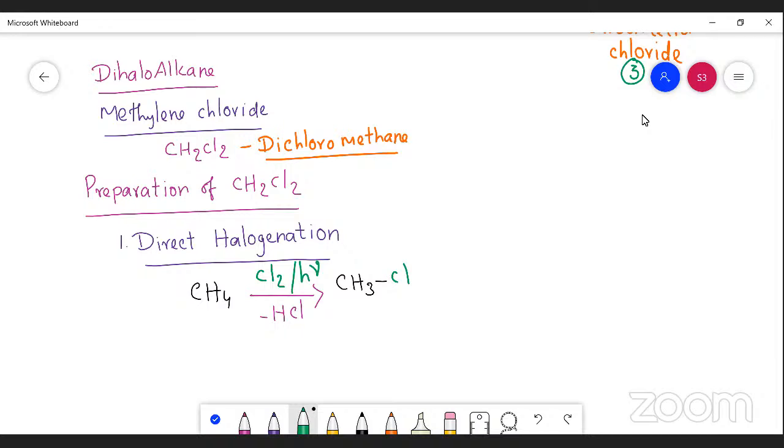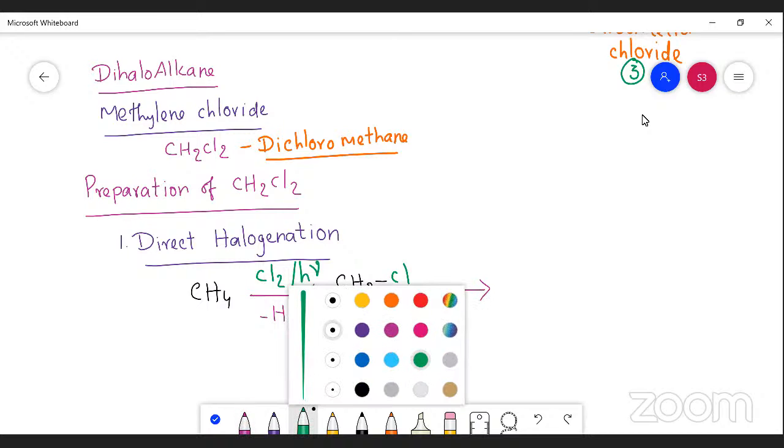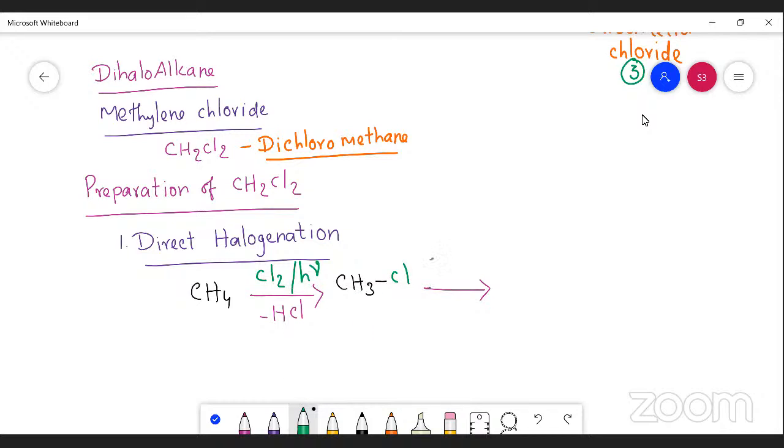It is methyl chloride, but now I want to get methylene chloride. So further halogenation. Further halogenation, we are getting again Cl2 in presence of sunlight. Sunlight is represented as a photon, which is known as hν.